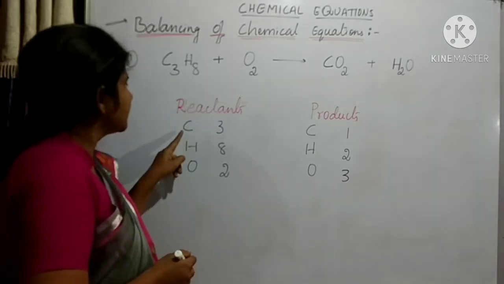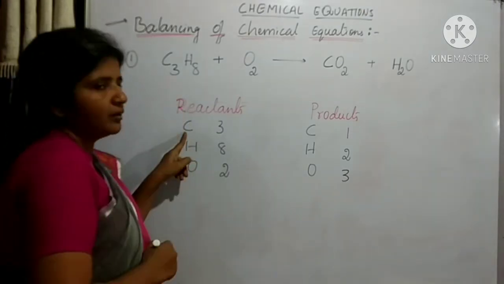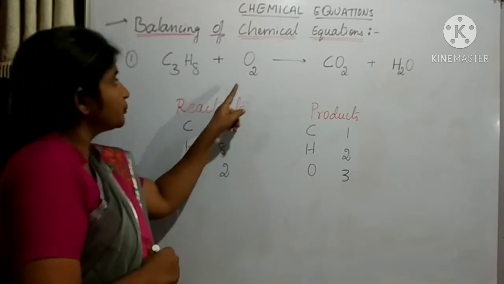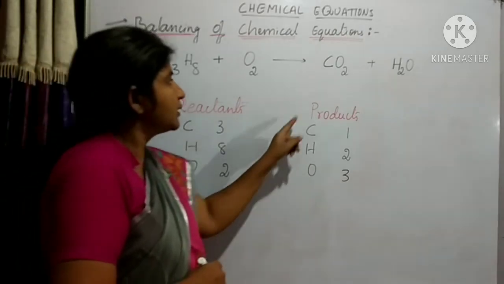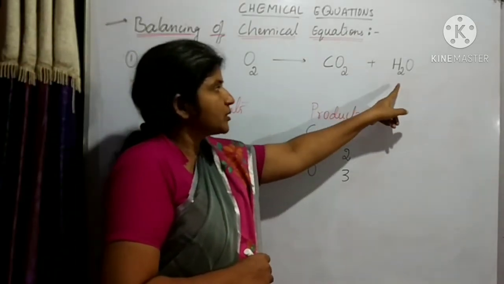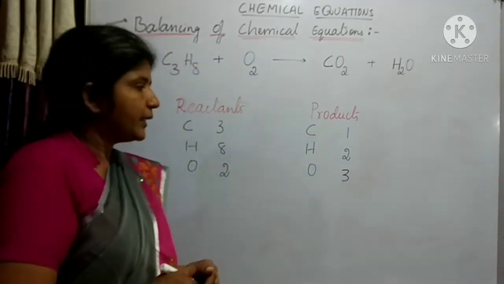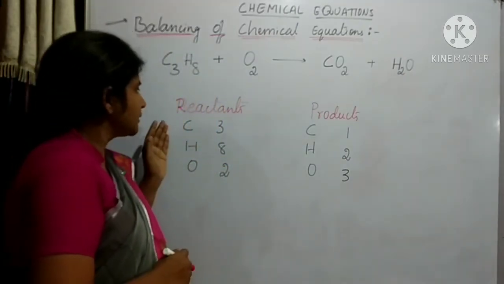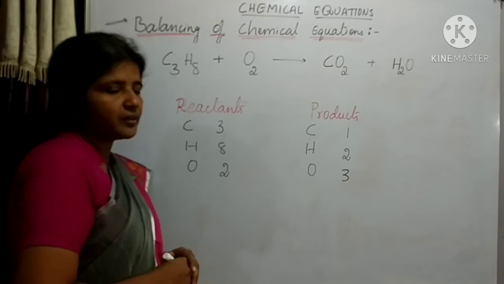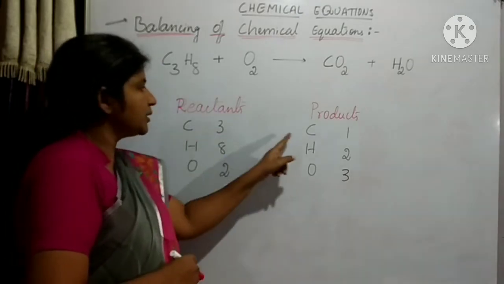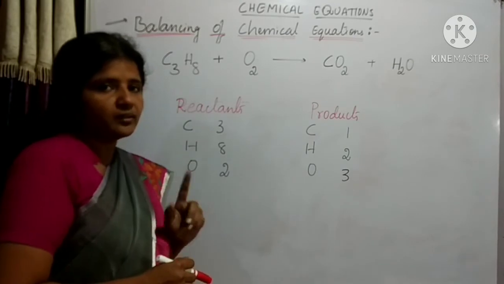On the reactant side, carbons are 3, hydrogens are 8, oxygens are 2. On the product side, carbons are 1, hydrogens are 2, oxygens are 2 plus 1, 3. Next, try to balance the carbons, hydrogens and oxygens step by step. Carbons on the reactant side are 3, but on the product side how many? Only 1.